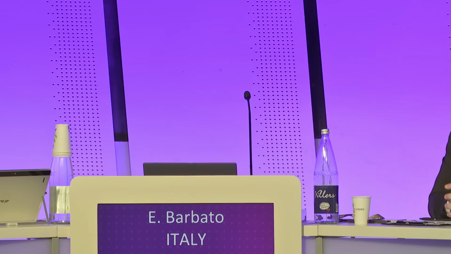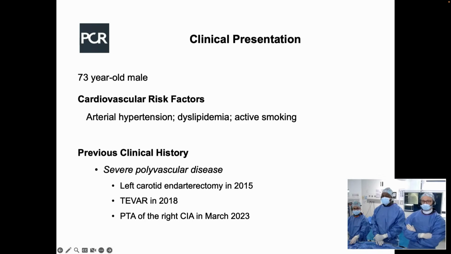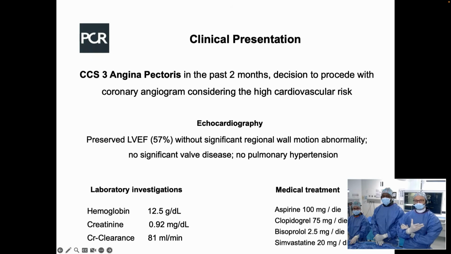So this is a case of a 73-year-old man who's suffering from an association of cardiovascular risk factors. And you can see that he has a severe polyvascular history, left carotid endarterectomy, PAD, also revascularized in March 2023, and he's developing angina pectoris CCS III, nearly at rest.